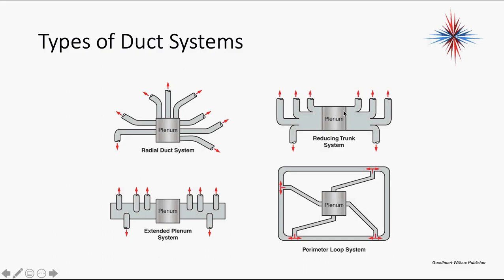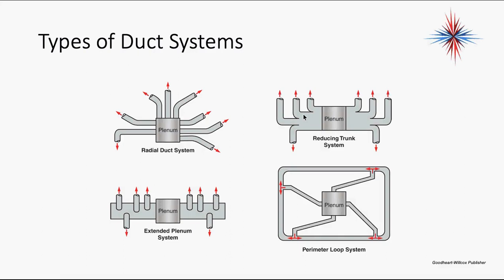By far the best system installed is what we call a reducing trunk system. The further you get away from the air handler, the smaller the plenum gets. In other words, we have a big wide main ductwork as it comes off the plenum, and the further away you get, the ductwork reduces in size.